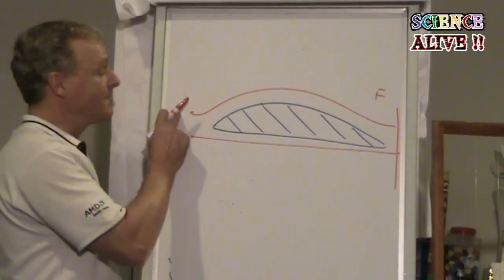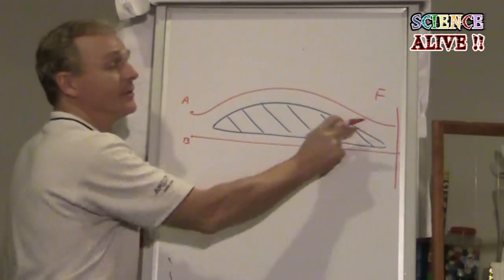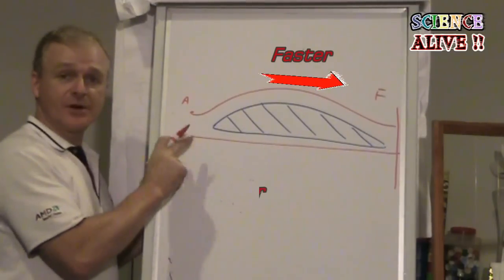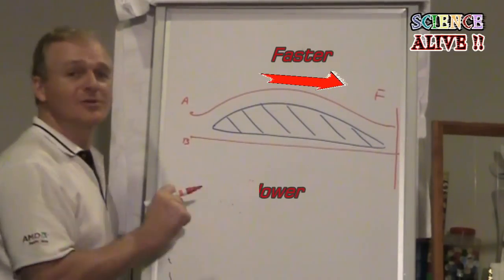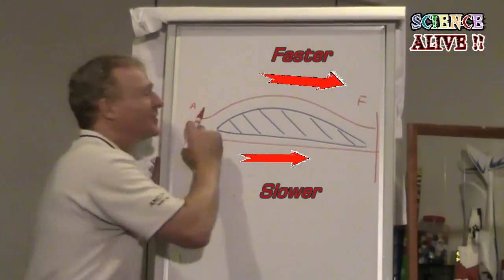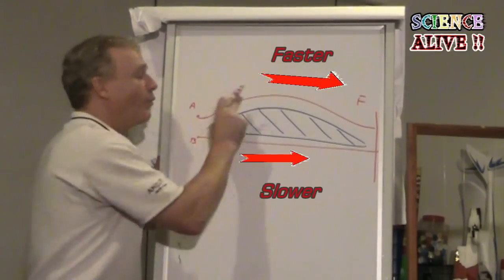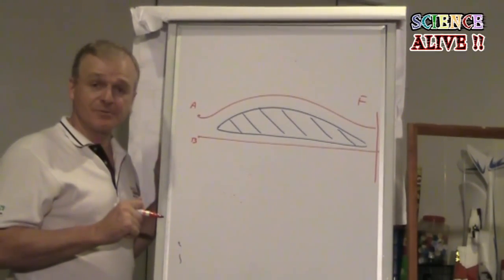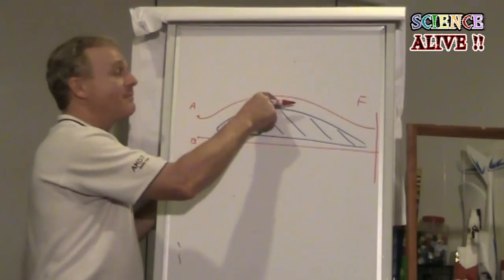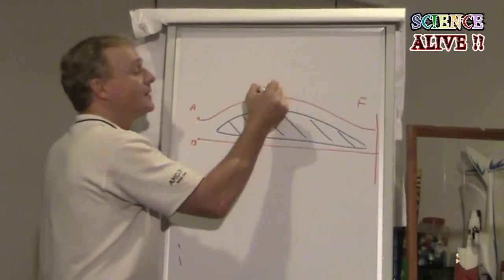If you can see that A has further to travel, and therefore it's got to go faster. Molecule B could just cruise along underneath the wing. Molecule A is going to really race across the top. And when it does go faster, according to Bernoulli's principle, the pressure above the wing is lower.